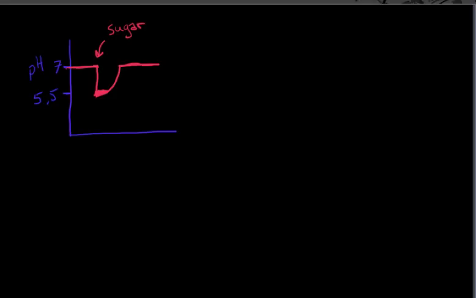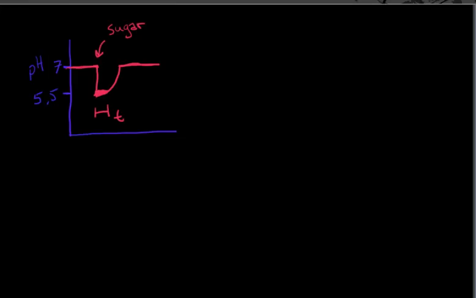So in this graph, you can imagine that having this one little sugar spike is a problem, because we have this much time where the tooth around any place where plaque is can decay.